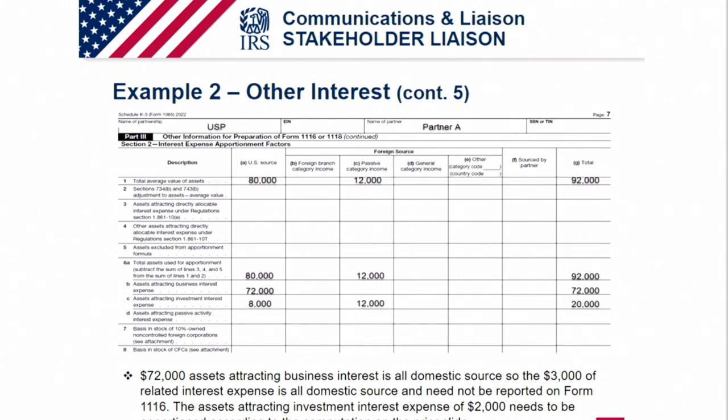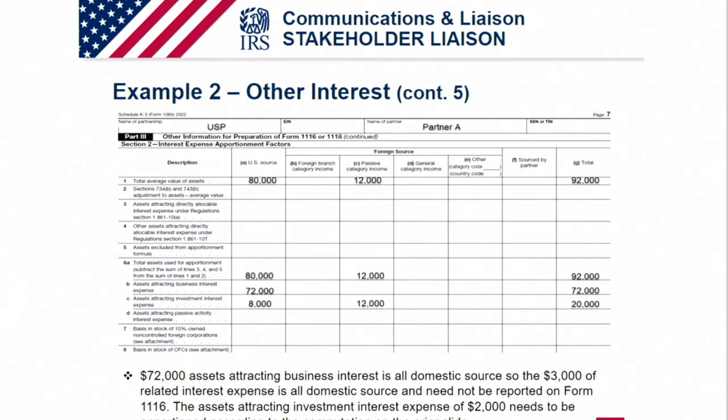So the 3,000 of the related interest expense is all domestic source and need not be reported on the Form 1116. However, as we discussed before, the 2,000 does need to be apportioned to domestic source and passive category foreign source. And you can see here how that's broken up.